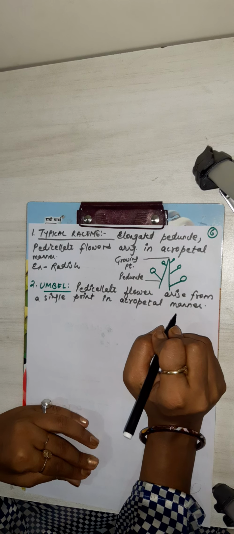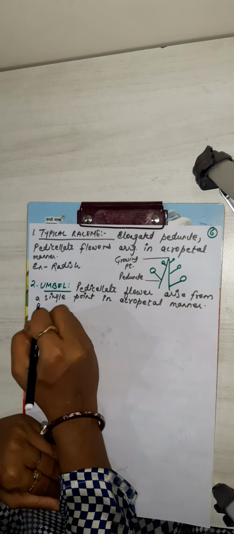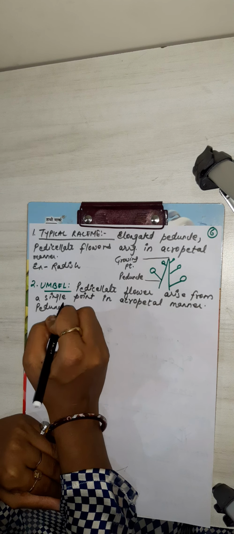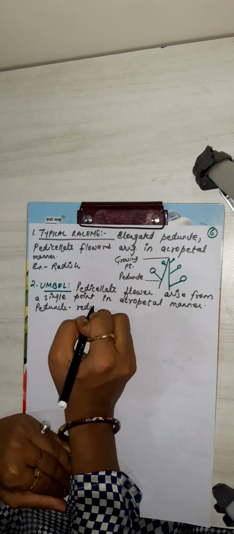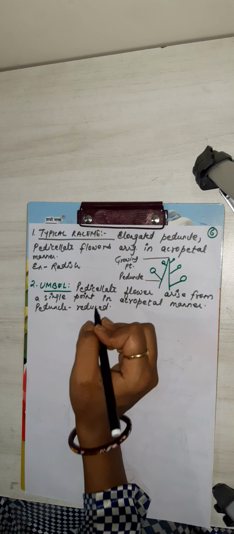Okay, so example is here and in this case peduncle is reduced. Now let's see the diagram of this.